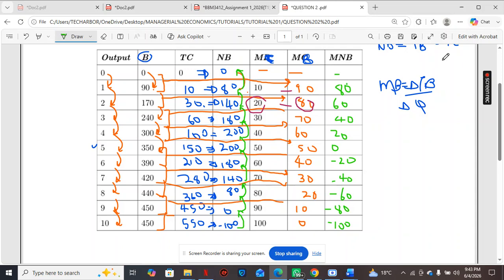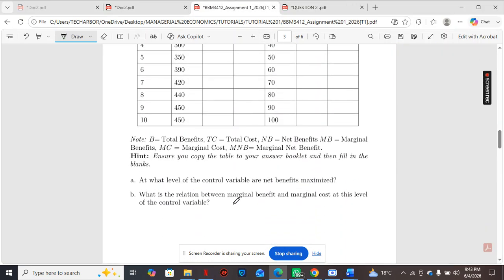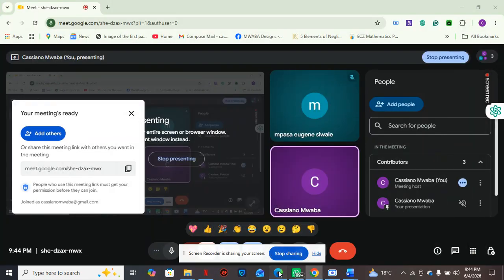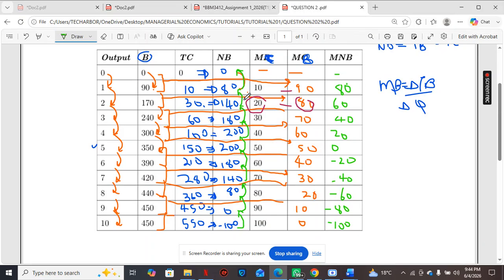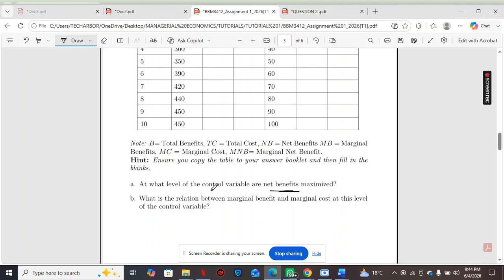Right. Yes. So in the question, it says, at what level of the control variable are net benefits maximized? Okay. So basically, where do we have our highest net benefit? Okay. The control variable here is the quantity. Quantity, it's what we increase or decrease. So they're asking us at what level of the quantity, which is our control variable, are net benefits maximized.